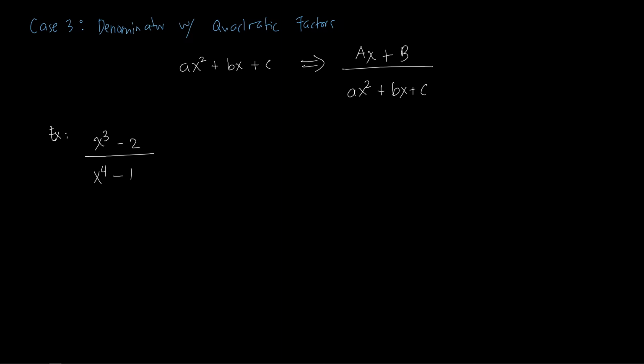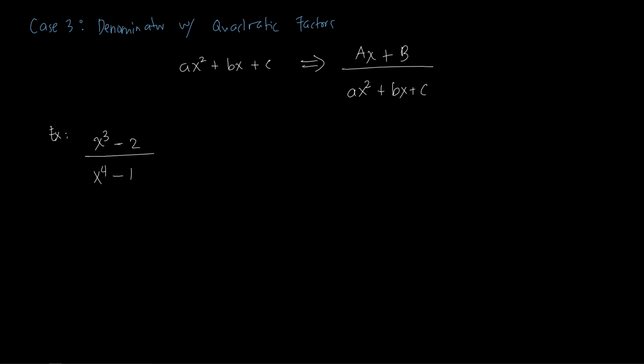Check if our golden rule is valid. The numerator must be of less than 1 degree. Yes, so you may use partial fraction decomposition. But since the exponent is 4, try factoring first before decomposing.